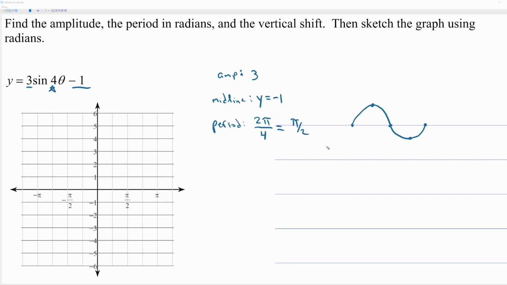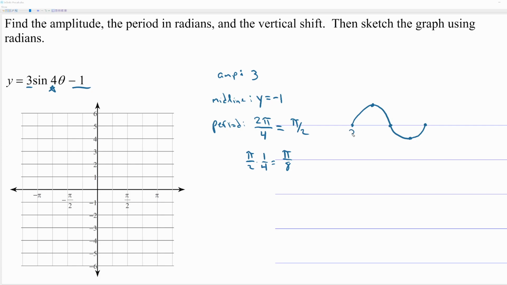So if I take the period pi over 2 and I divide this, multiply by 1/4, into 4 pieces, that means that every time you go a distance of pi over 8, you're going to go from one of these interesting features to the next.